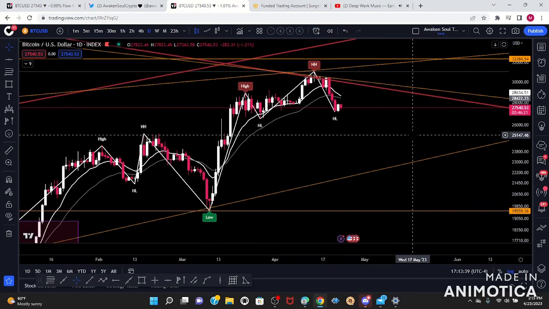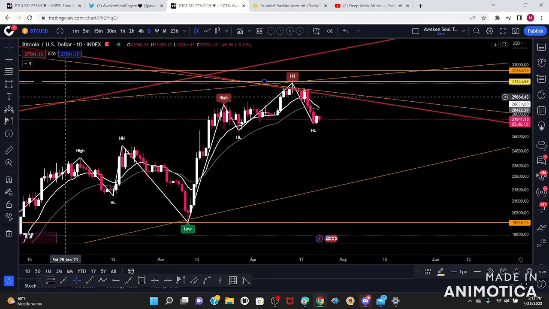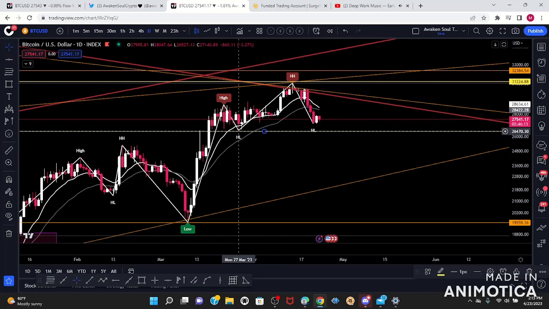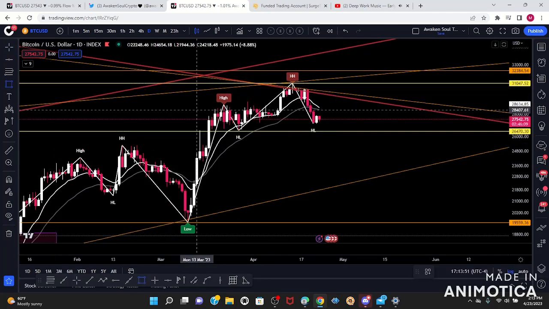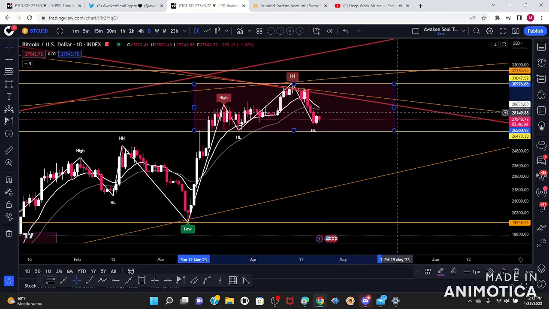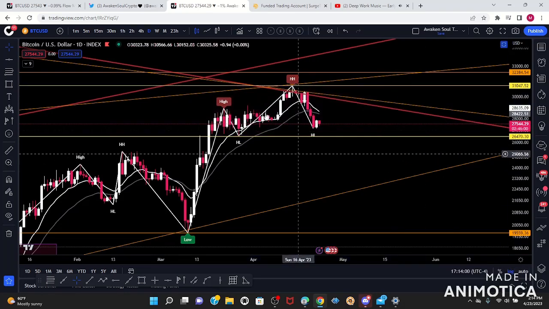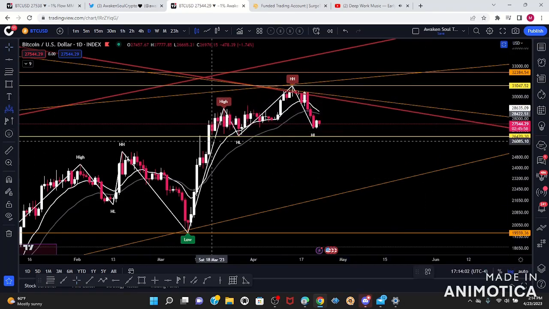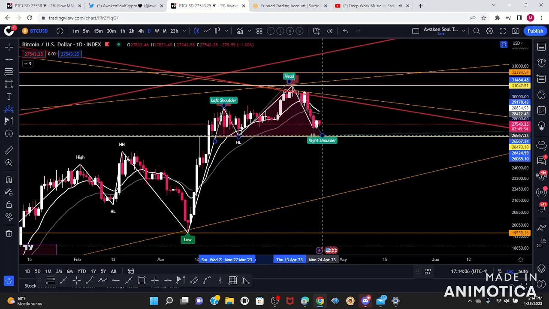So within my daily, the first thing I want to do is set my range. This is my high, and this is going to be my low. So this is my daily range right here. Just like I said, this is our contraction phase. I was thinking just really quick that I saw a possible head and shoulders as our reversal.